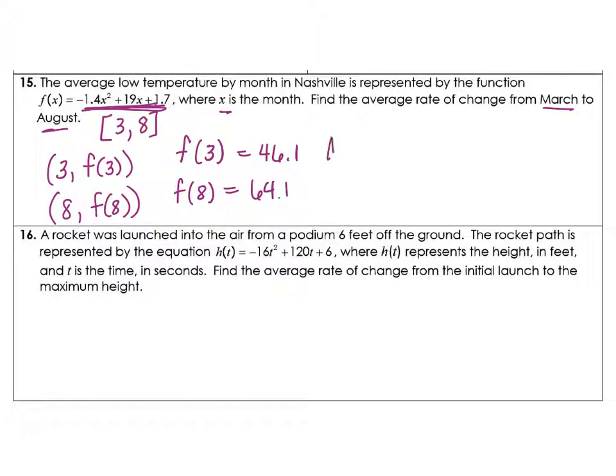And so now for our average rate of change, we're going to have 64.1 minus 46.1, all over 8 minus 3. And so that's going to give us 18 over 5, which is about 3.6. And what was the units? It's temperature by month, so it's going to be 3.6 degrees per month.